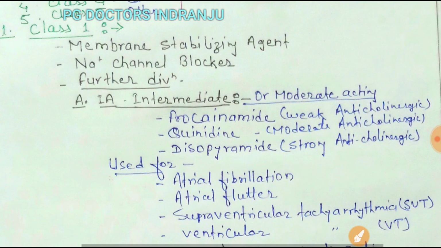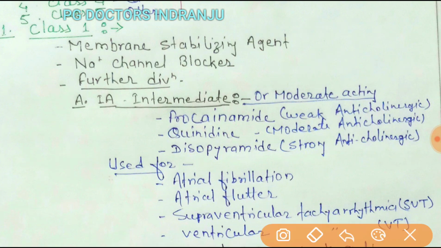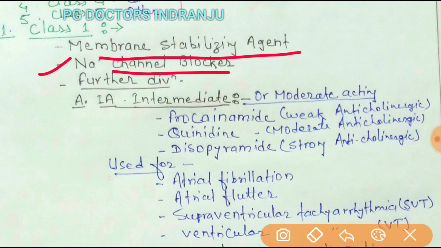Start with class 1. Class 1 is membrane stabilizing agent and sodium channel blocker. Further division of class 1 is class 1A, class 1B, class 1C.